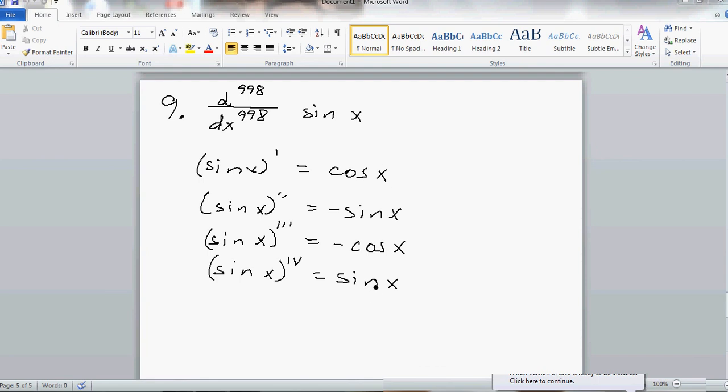Obviously, we don't want to count to 998, but understand that this would be the 996th derivative. That's a multiple of 4. So this would be the 997th, the 998th. So the 998th derivative of sine of x is negative sine of x. This is very similar to i and i squared and i cubed and i to the 4th power. It's the same cyclic pattern.